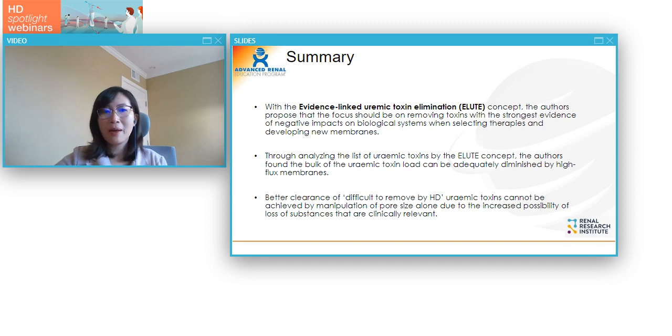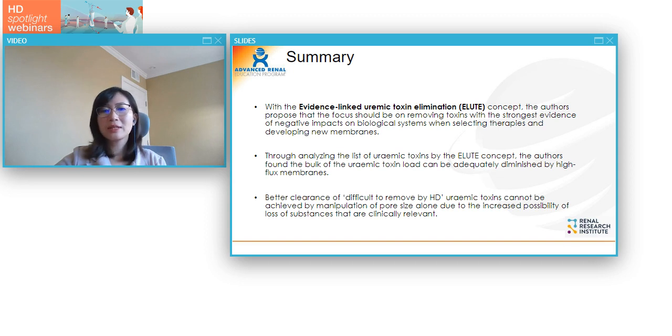So to sum up, the evidence-linked uremic toxin elimination concept proposes making decisions on which toxins should be removed based on the available evidence of their toxicity. Through analyzing the list of uremic toxins by this concept, we found that the bulk of the uremic toxin load is water-soluble small molecules or smaller-size middle molecules.